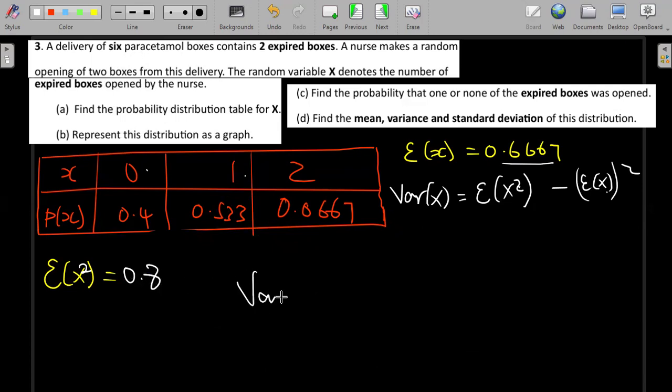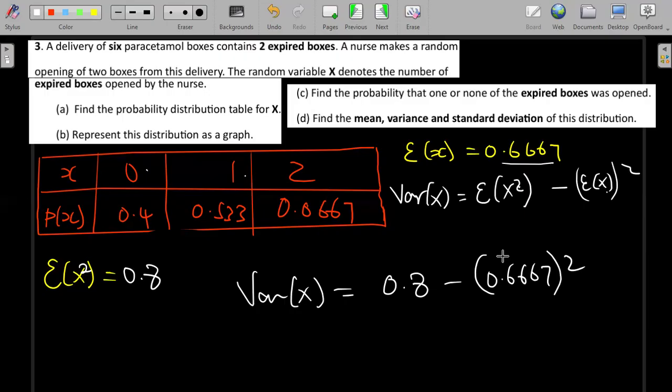So it means our variance of x will just be equal to the expected value of x squared, 0.8, minus the square of the expected value of x, 0.667, then squared. So what are we going to get? 0.8 minus, let's square this. What's happening to my calculator? That stopped working.